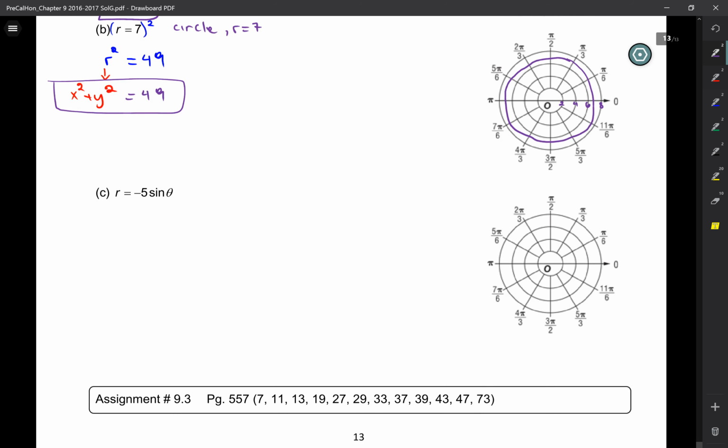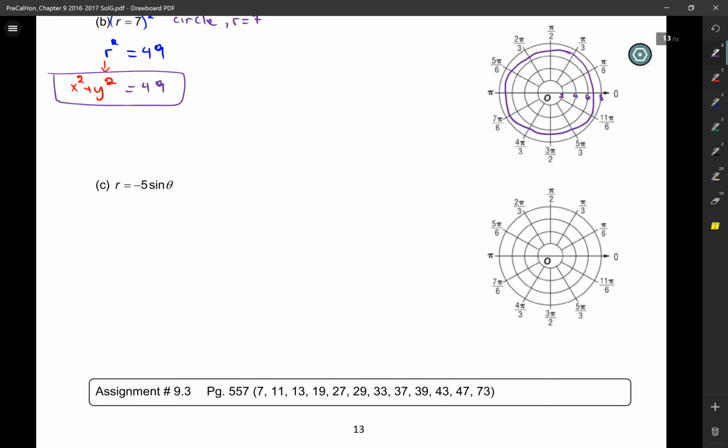Now, this one is a circle, right? How do we know that this is a circle? Because on that sheet of the cute little shapes, it says that this is a circle. So if this is a circle, I need it to look like x squared plus y squared equals something.